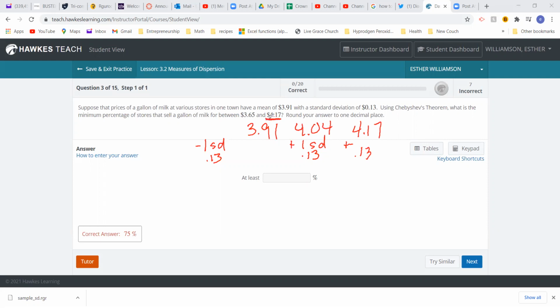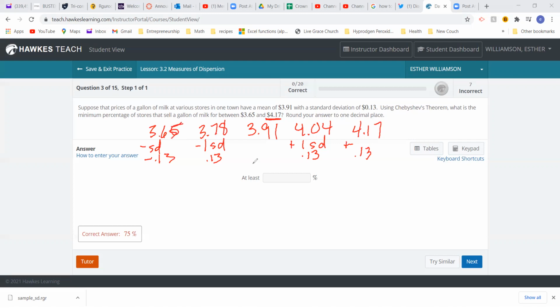Okay, if I subtract one more standard deviation, actually I got to subtract the first one. So I'm going to go 3.91 minus 0.13, and that's 3.78. And then minus 0.13 again, that's 3.65.